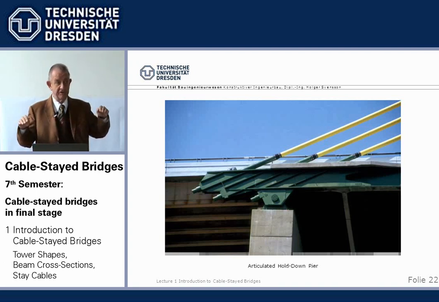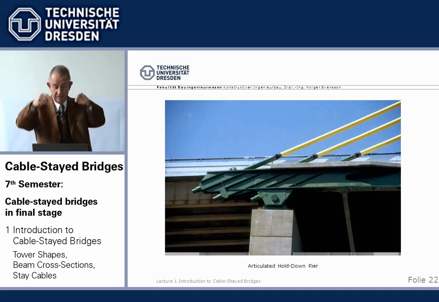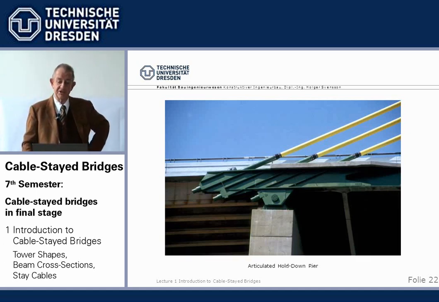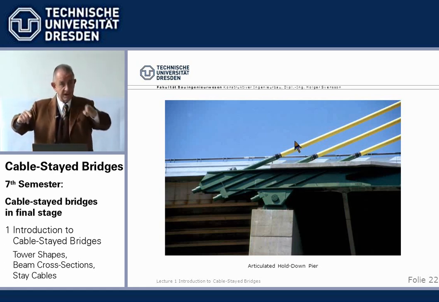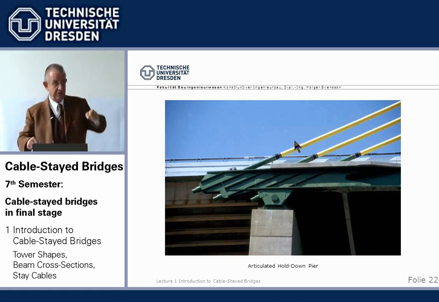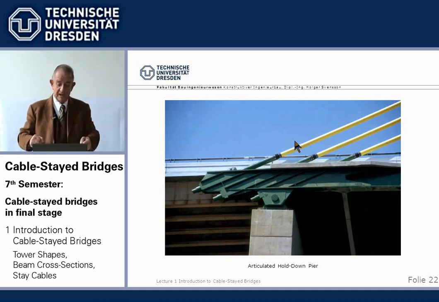That was the horizontal fixing. Now, vertically, at the end of the bridge, we have to take up the uplift forces from loads in the main span. They try to turn the bridge around, so we have to tie them back, and therefore we call these end piers, abutments, anchor piers or hold-down piers.